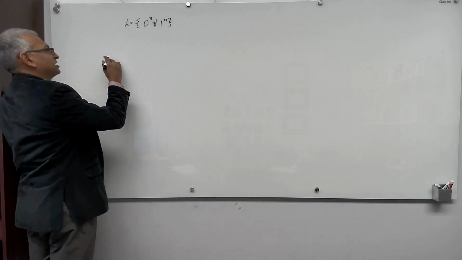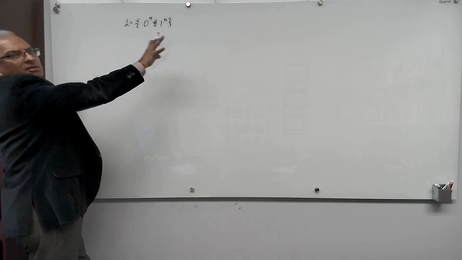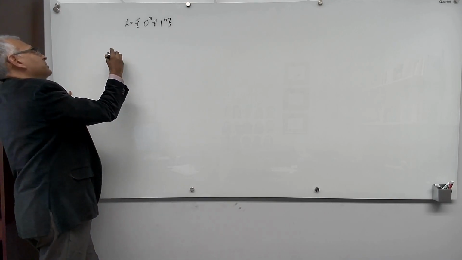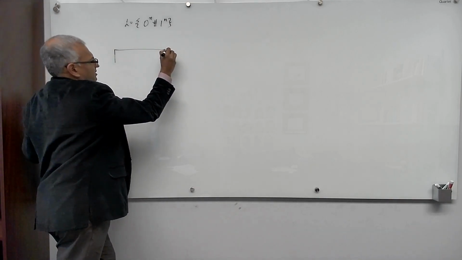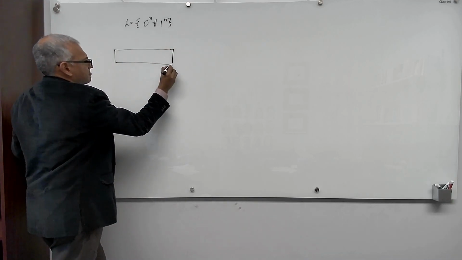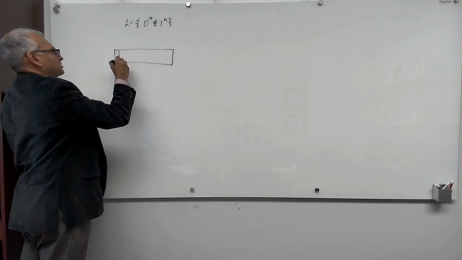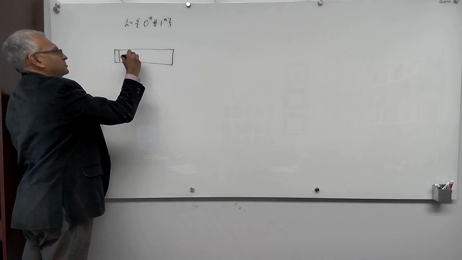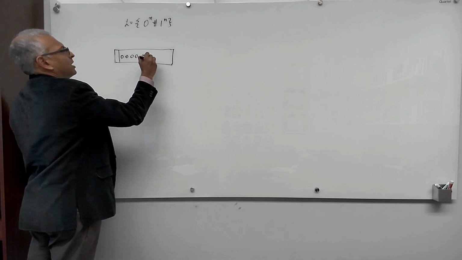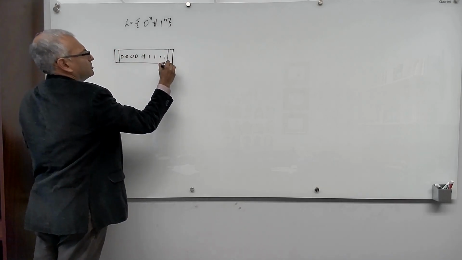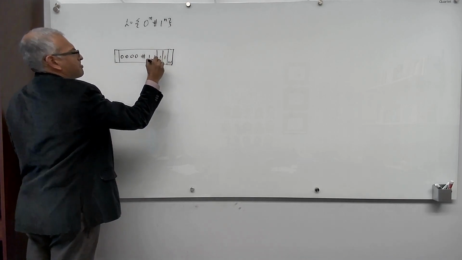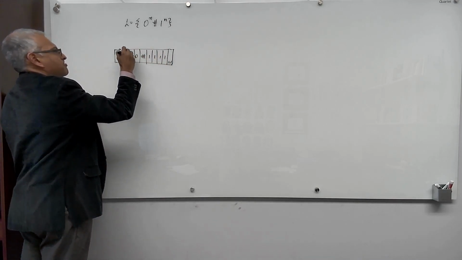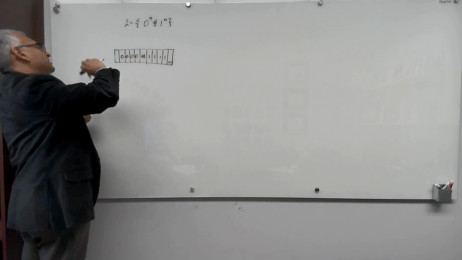A very simple Turing machine, and I'll illustrate it on tape with an example. Imagine that we have 0, 0, 0, 0, pound, 1, 1, 1, 1. For good measure, we have a blank symbol here. And as usual, we have our beacon.